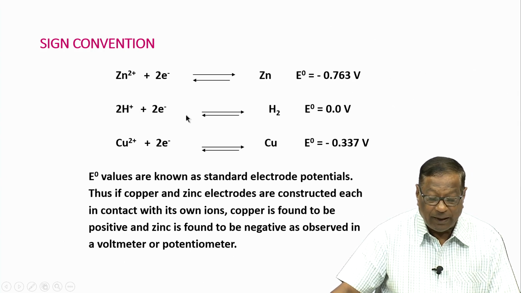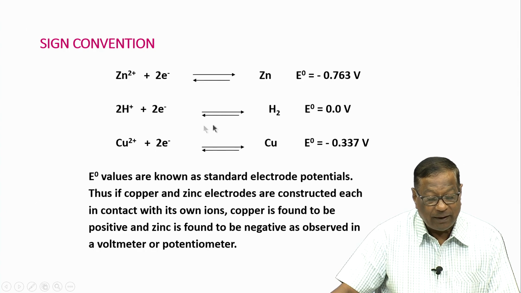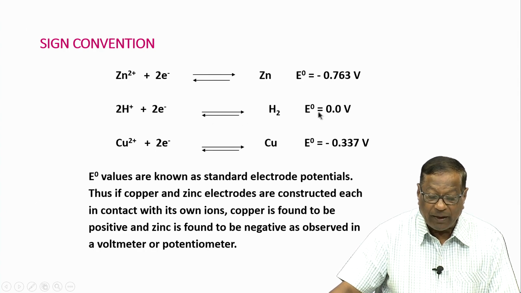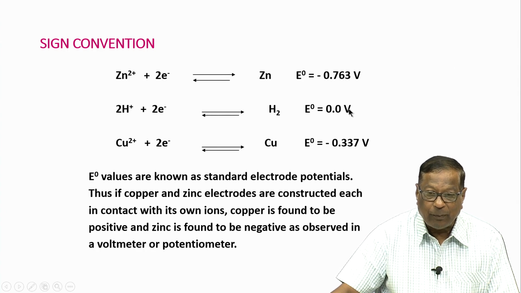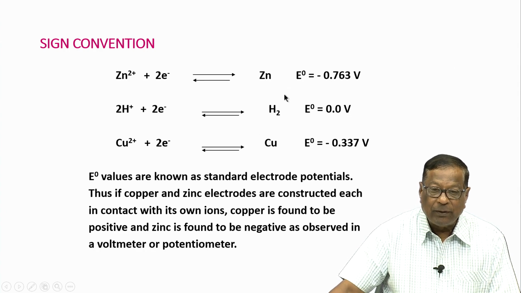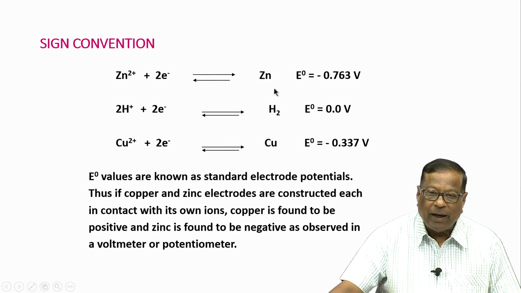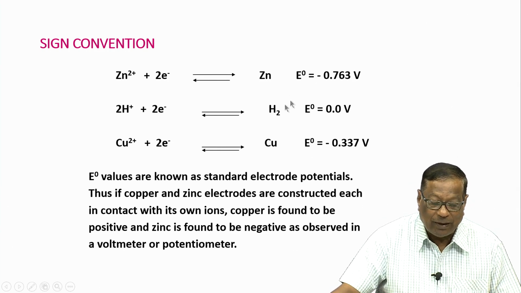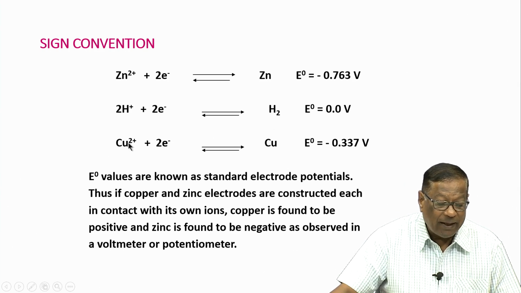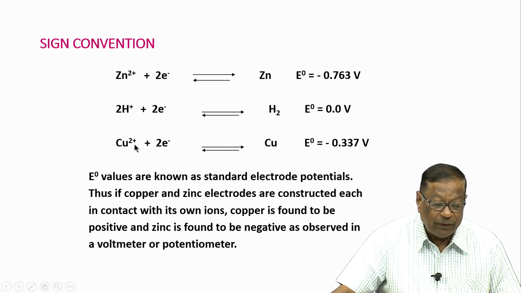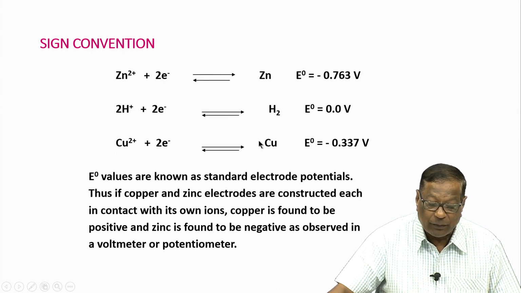The hydrogen electrode is 2H plus plus 2 e minus going to H2, and E naught is equal to 0.0. In all these cases, we assume the activity coefficient is 1 and concentration is equivalent to activity. Then I can write another equation, Cu2 plus plus 2 e minus goes to Cu, and E naught is 0.337 volts.